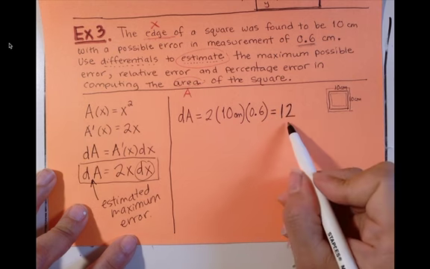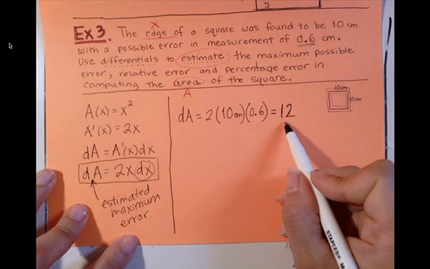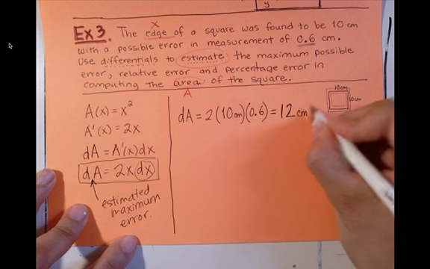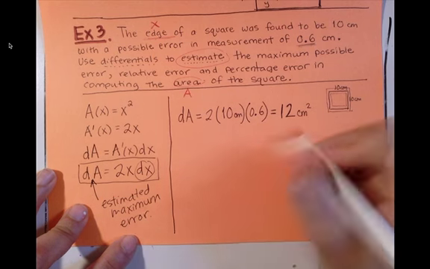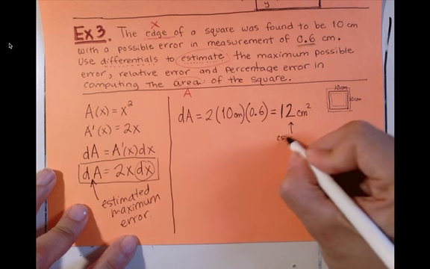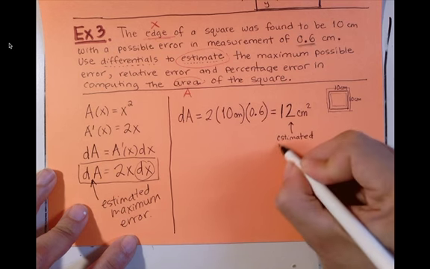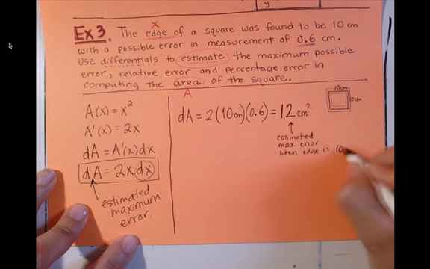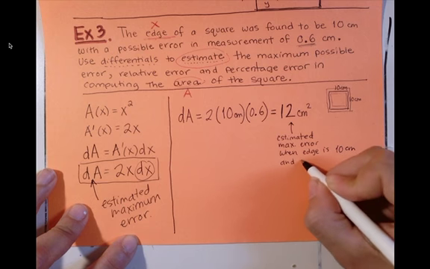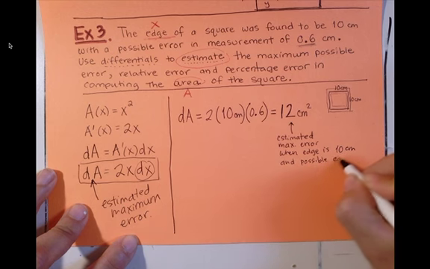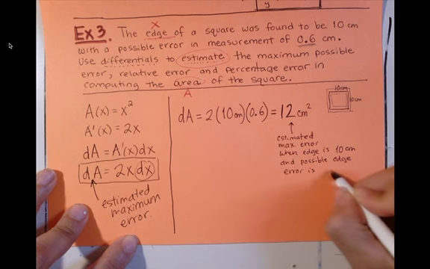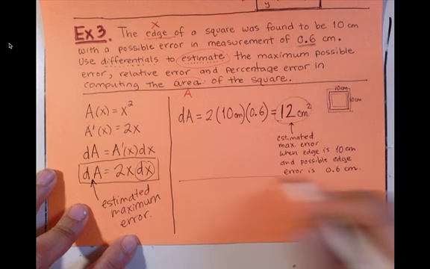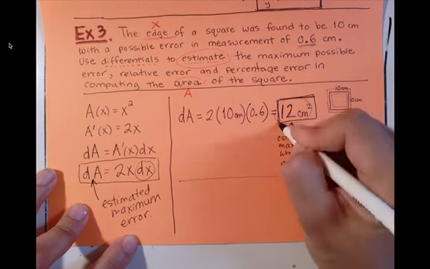So what this is saying is that the estimated maximum possible error in the area is 12 centimeters squared. So this is the estimated max error when the edge is 10 centimeters and the possible edge error is 0.6 centimeters. This is the maximum that the area could vary. So that answers the first question.